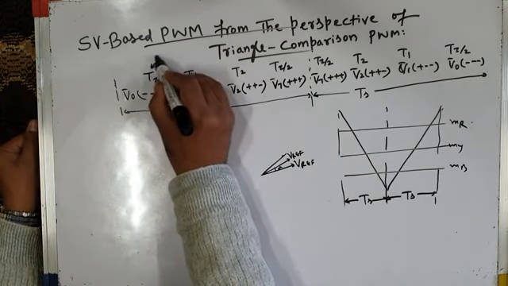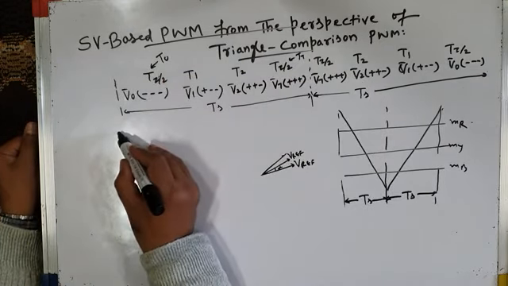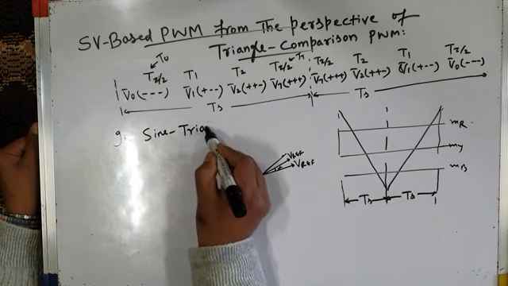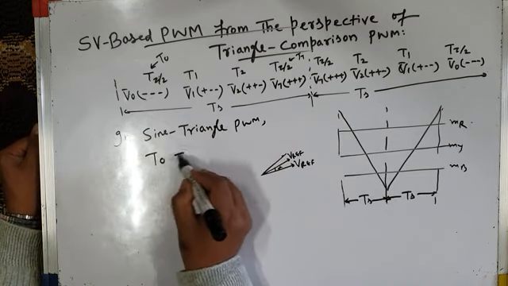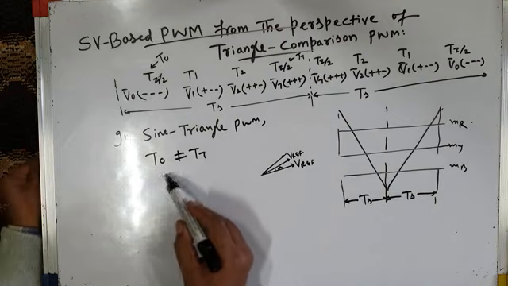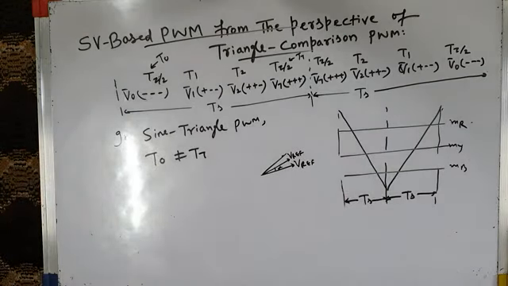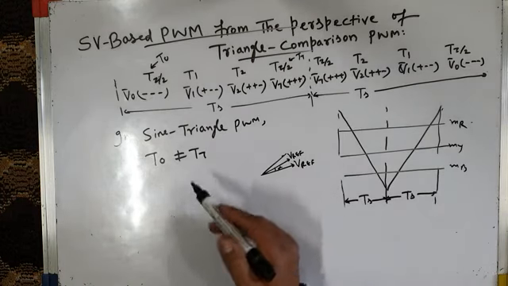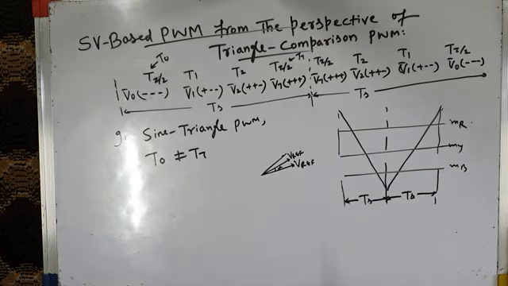Let me call one interval T0 and the other T7. In sine triangle comparison based PWM, T0 is not equal to T7. The time intervals for the two null vectors are not equal in each subcycle. That gives rise to slightly larger harmonic distortion in the inverter output voltage, and the ripple in the load current will be higher.